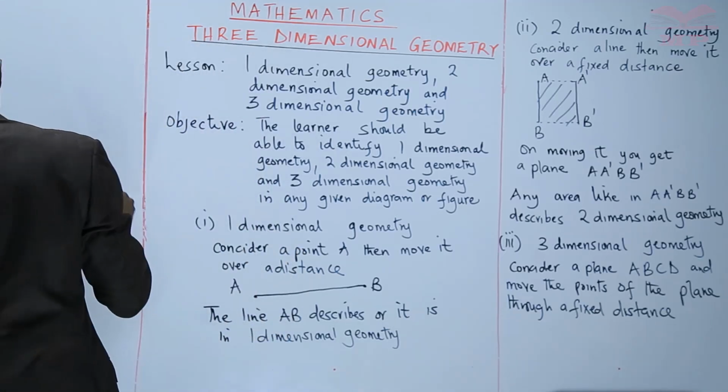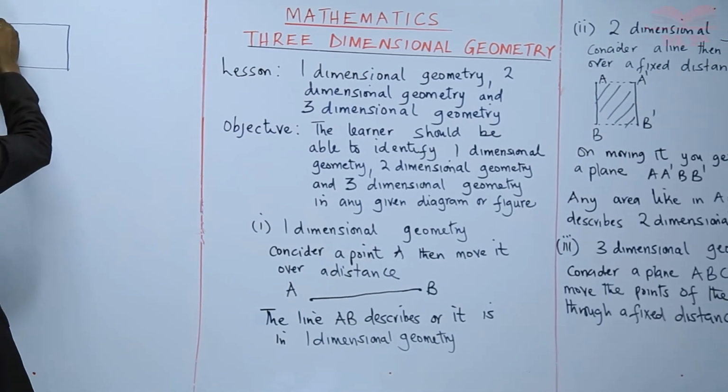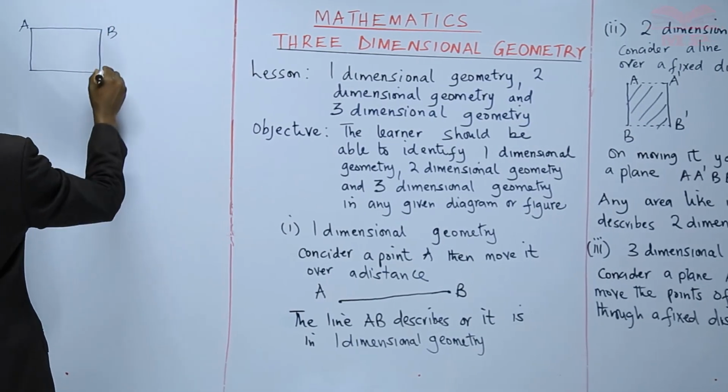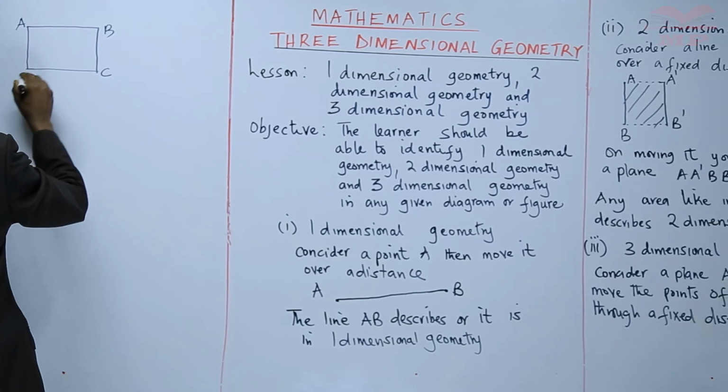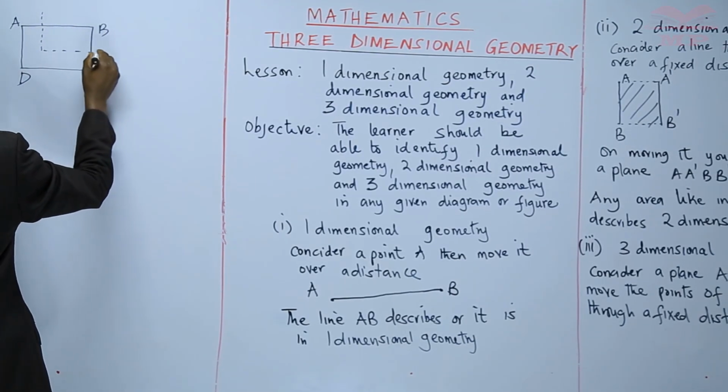So you can have the points in 3. I have a plane. So I have A, B, C, D. I'm going to move over a fixed distance.